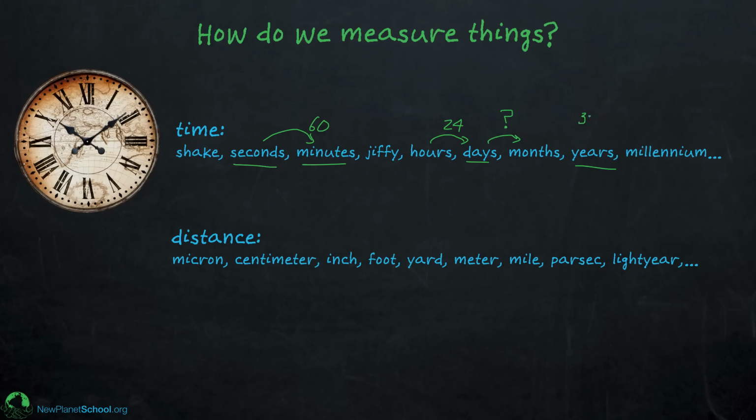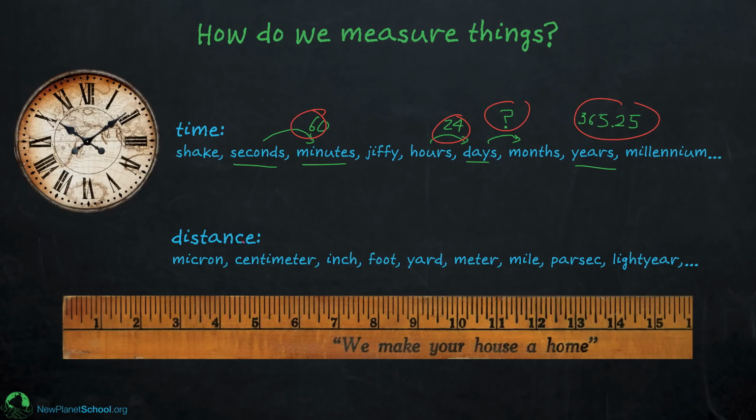For us, some people will say that's 365 days, but actually if you look at it in more detail, it's 365.25, and then there's even something called a leap second where they correct it every once in a while. And so even though we have a sense for this, it can be complicated. There are seemingly arbitrary numbers for the conversions, and there are little tricks in there, but we know intuitively how to handle this.